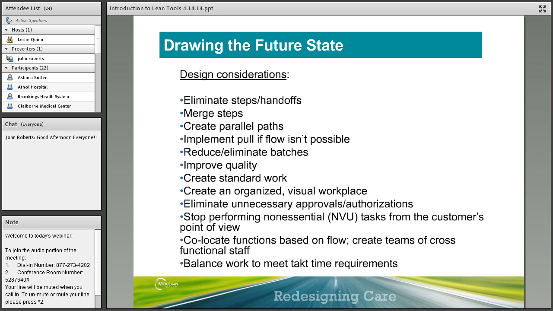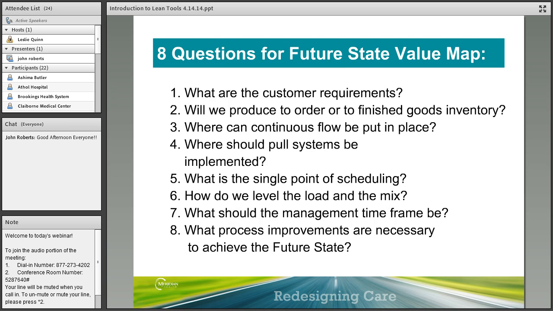Eliminate or reduce batch work, improve the quality, try to create standardized work, and we'll talk more about that in just a little bit. Create more of an organized visual workplace, and again, look at balancing our workload to meet the requirements that our patients need in that particular process.